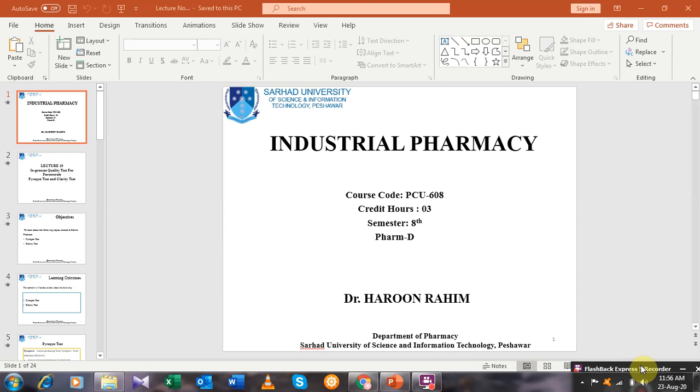media used for the sterility test, and we also studied the media used for the bacteria and the media used for the fungi, as well as aerobic bacteria, anaerobic bacteria, and the incubation temperature as well as the incubation time for both the testing of the fungi and the bacterial incubation.